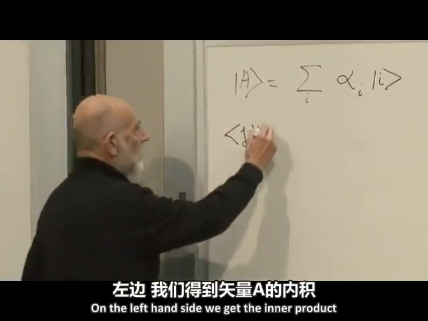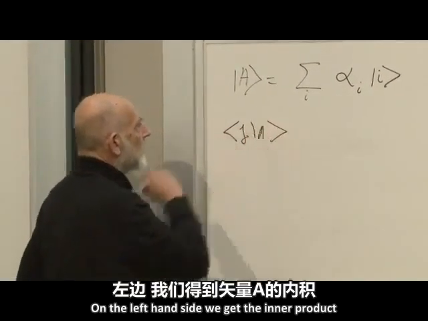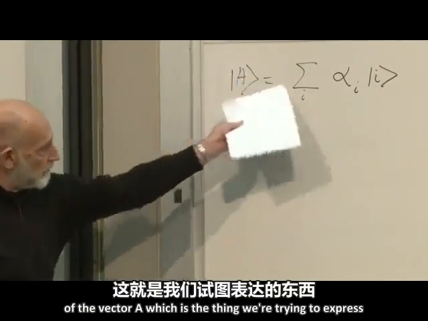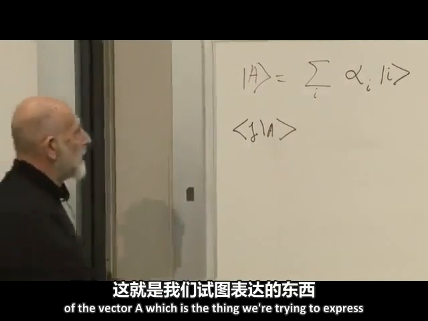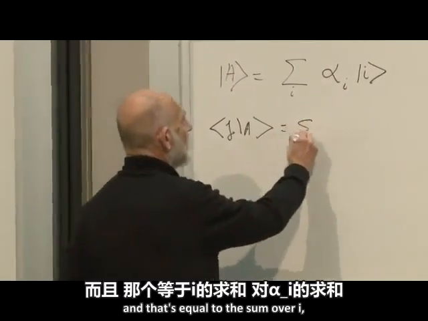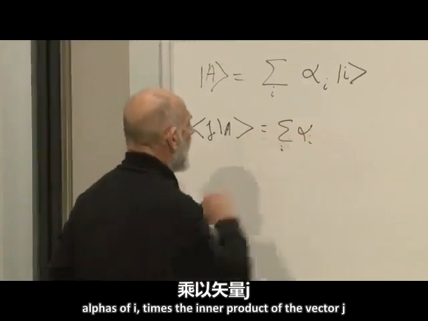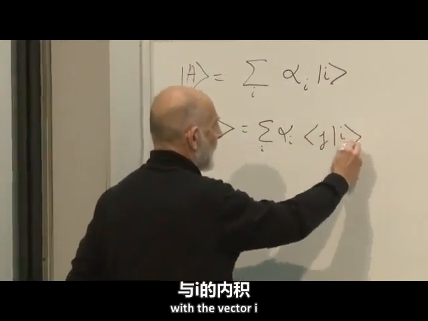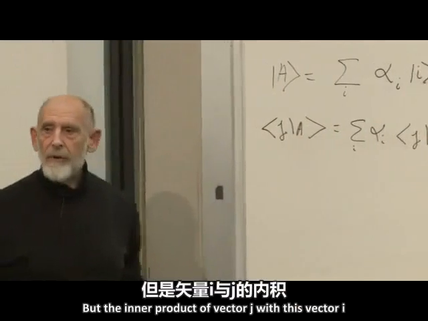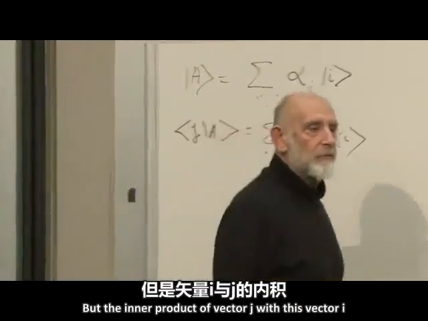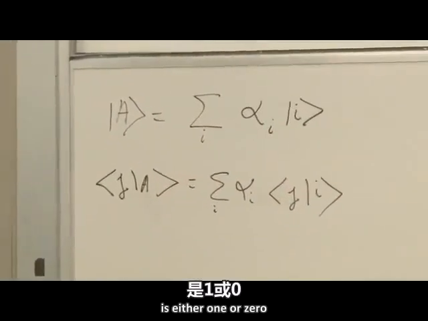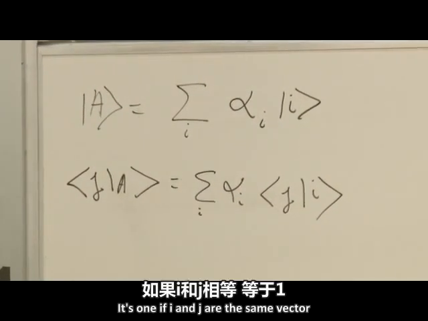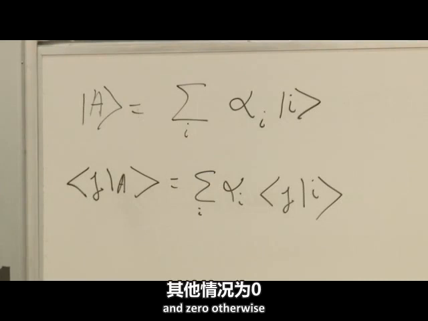On the left-hand side, we get the inner product of the vector A, which is the thing we're trying to express, and that's equal to the sum over i, alpha sub i, times the inner product of the vector j with the vector i. But the inner product of the vector j with this vector i is either 1 or 0.